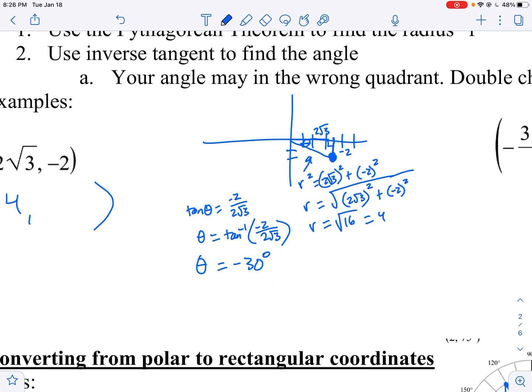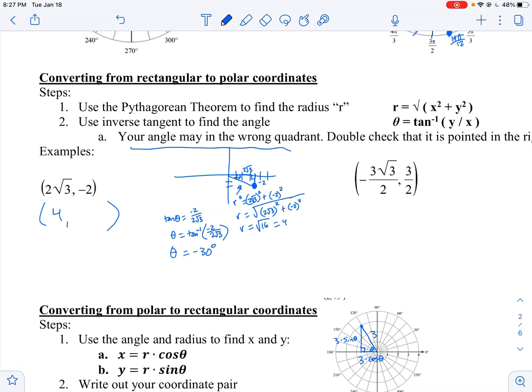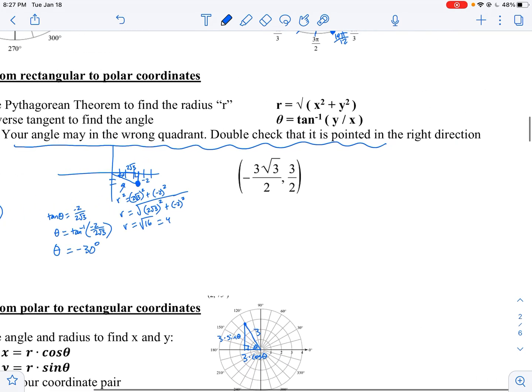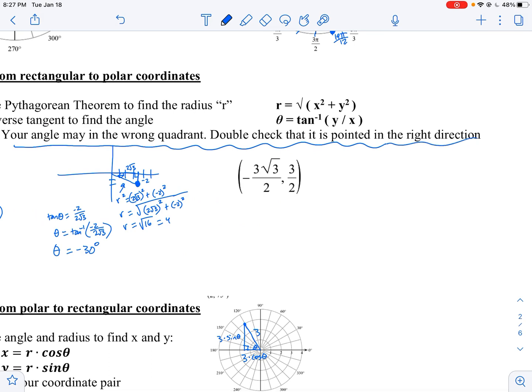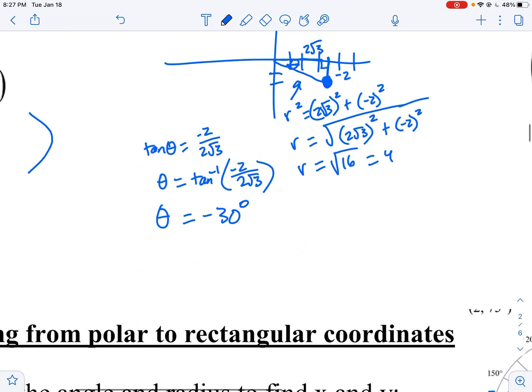But the thing is, we need to make sure our angle's in a positive amount. And so we're going to look at this little note here. It says your angle may be in the wrong quadrant. Double check that it's pointing in the right direction. So if you think about a normal unit circle, going down 30 degrees would put this in the right place. But let's make it a positive amount.